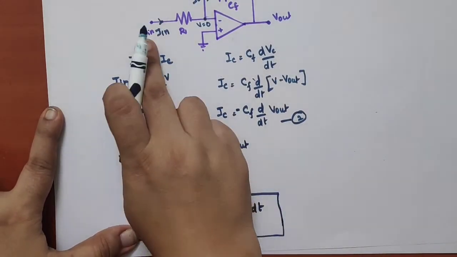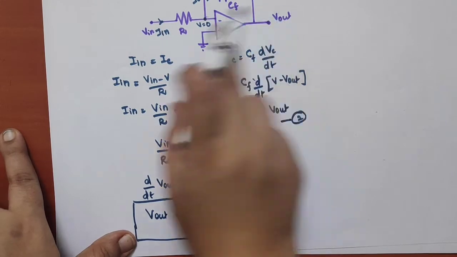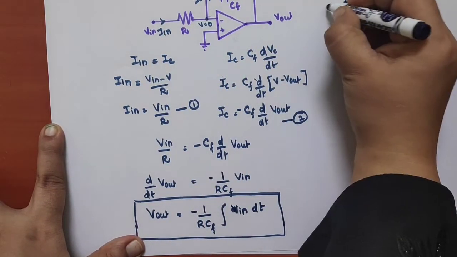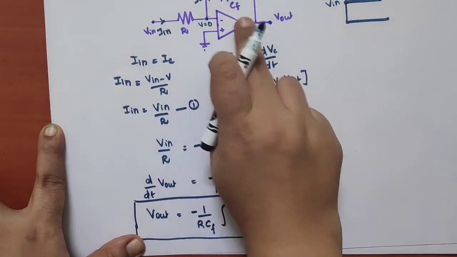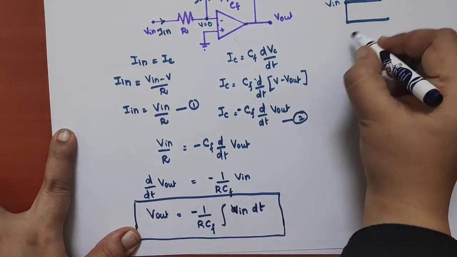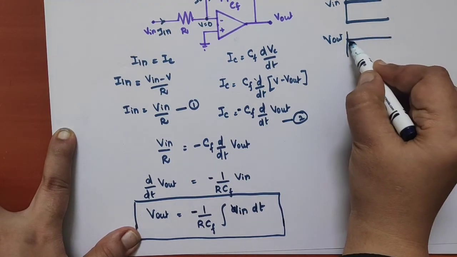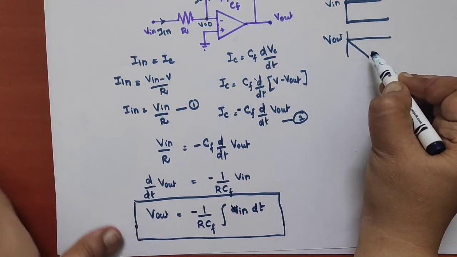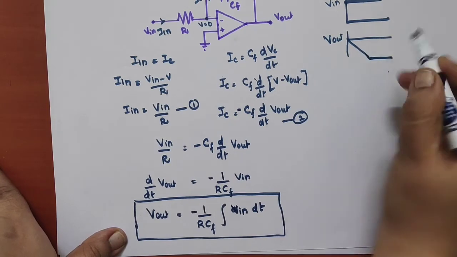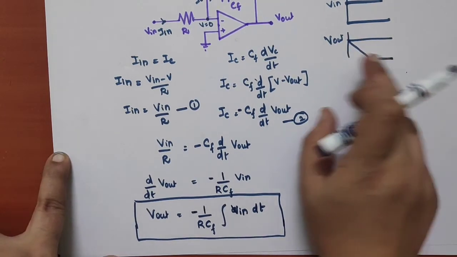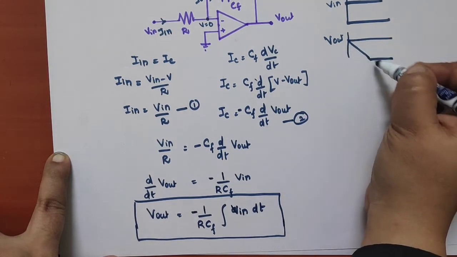If a constant positive voltage is applied to the input of the integrator, we will get an output voltage which falls at a linear rate.